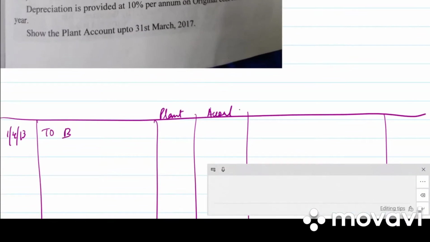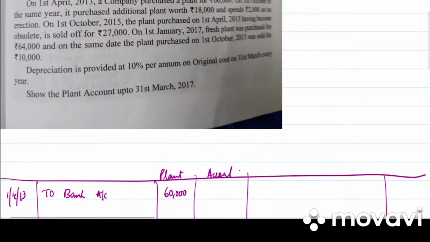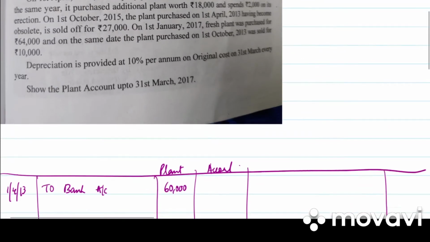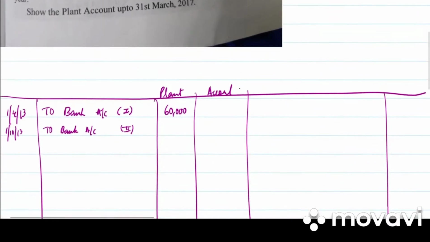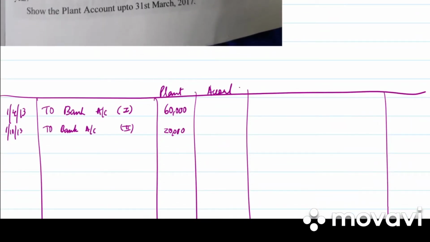So to bank account 60,000. On 1st October same year, it purchased additional plant. So 1st October, again new machine is purchased. So first machine we can write 1, second machine we can write 2. How much is it? 18,000 plus 2,000 is 20,000.